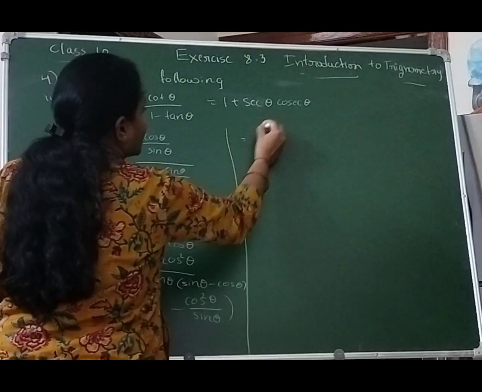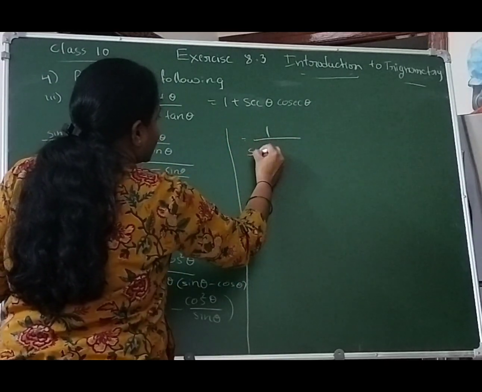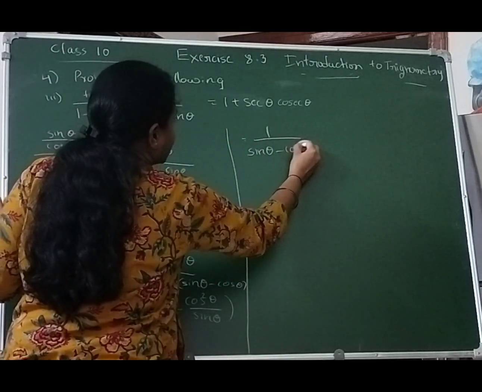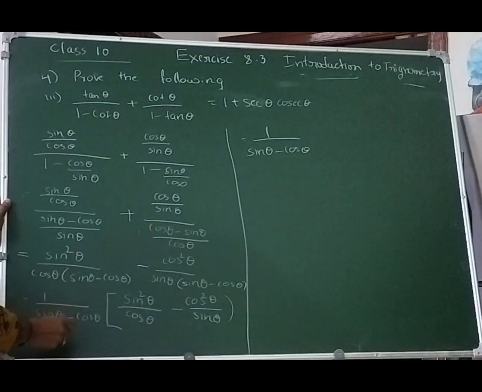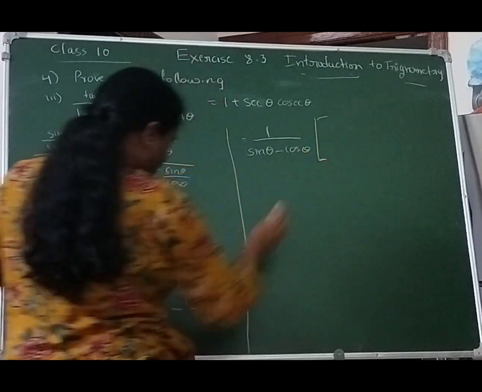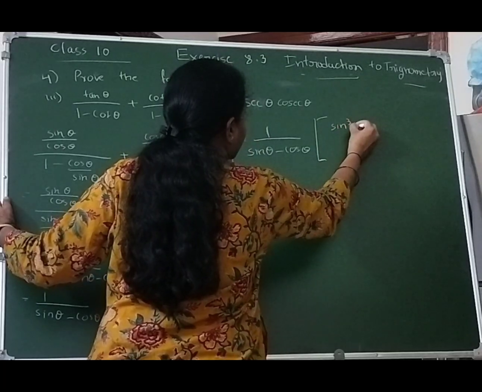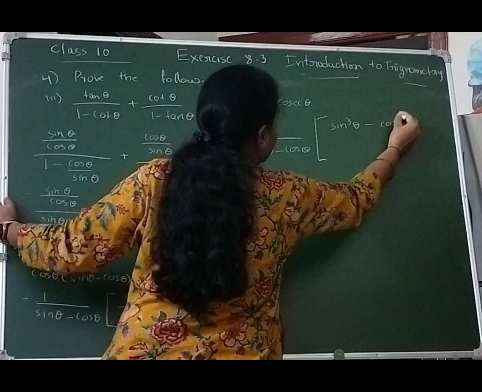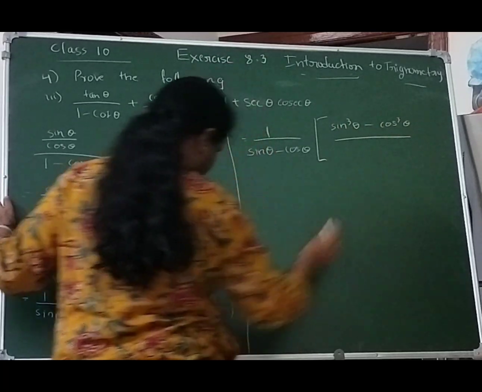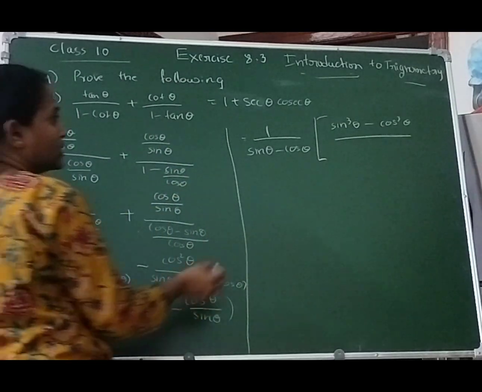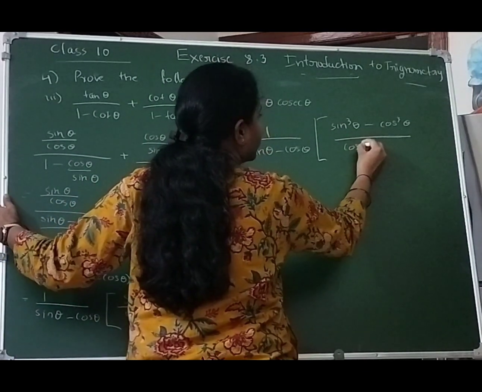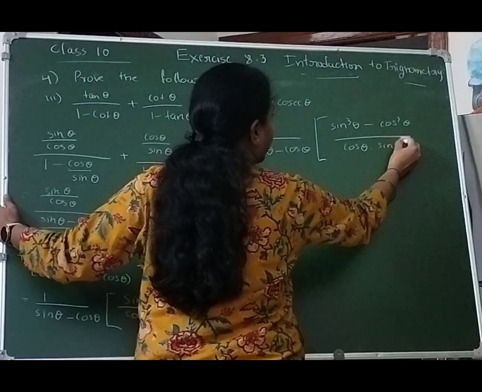So it will reduce to 1 by (sin θ − cos θ). Upon taking LCM, it will become (sin³ θ − cos³ θ) whole divided by sin θ into cos θ, that is cos θ into sin θ.